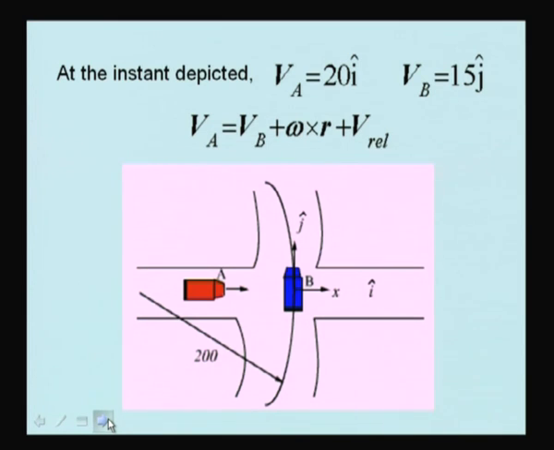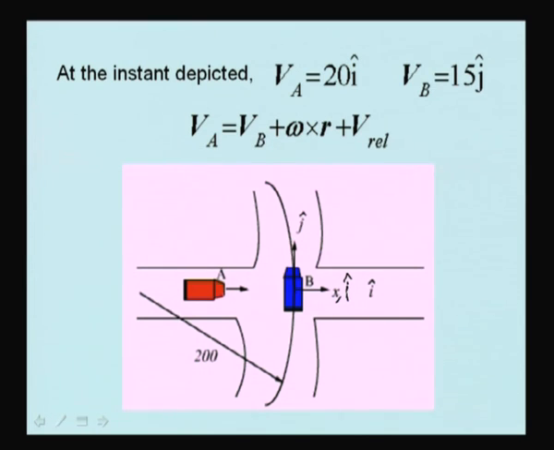Now, apply the relative velocity formula. VA is equal to VB plus omega cross R plus VL. We are attaching the moving reference frame to car B, with x unit vector in the i direction, then y in the j direction. This reference frame is rotating on a circular path.